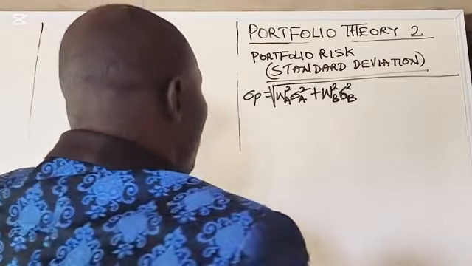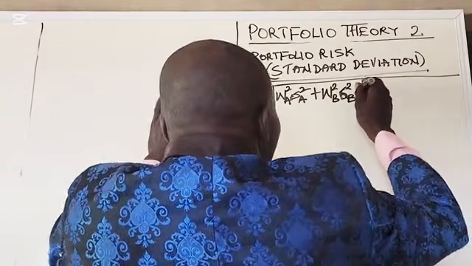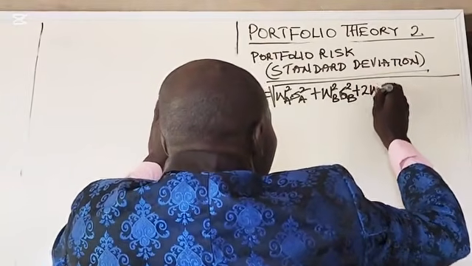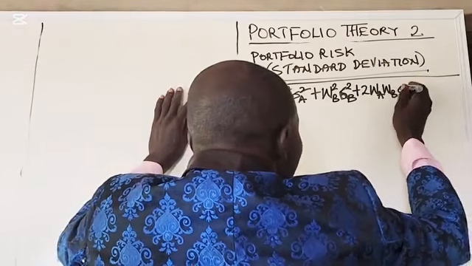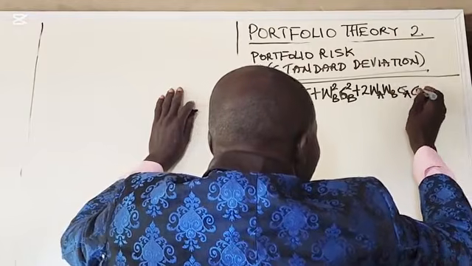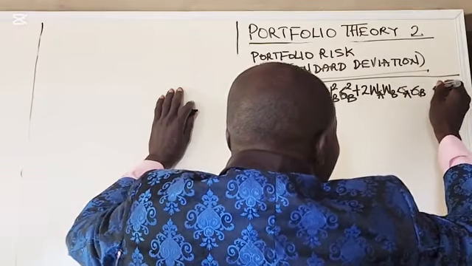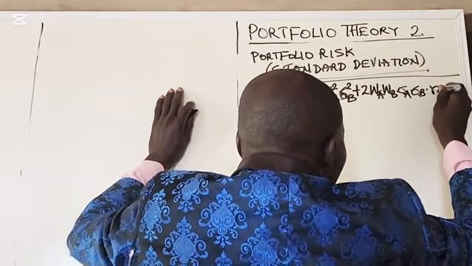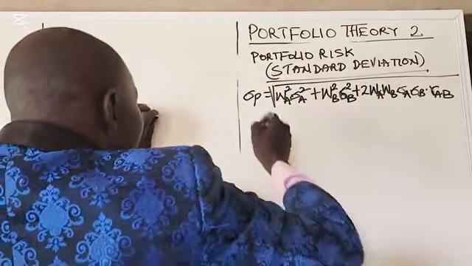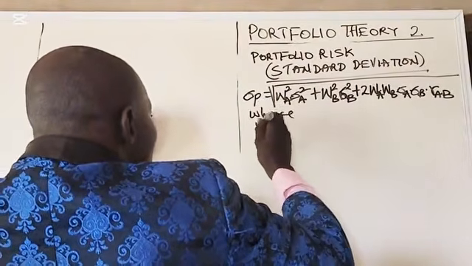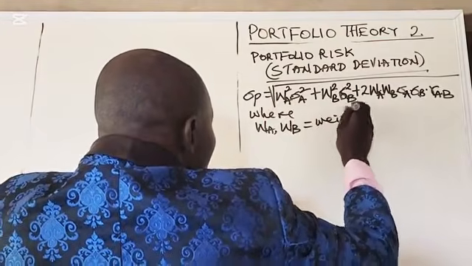If you have X and Y in the question, you may change this to X and Y. Plus 2 multiplied by weight of security A, weight of security B, standard deviation of security A, standard deviation of security B, multiplied by the correlation coefficient of the two securities, where WA and WB are weights.